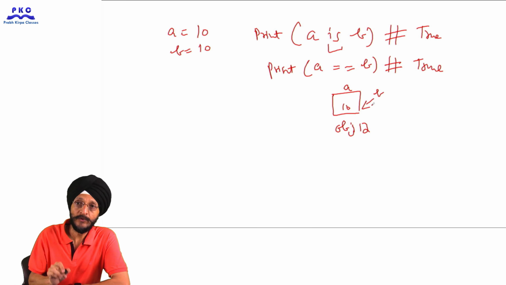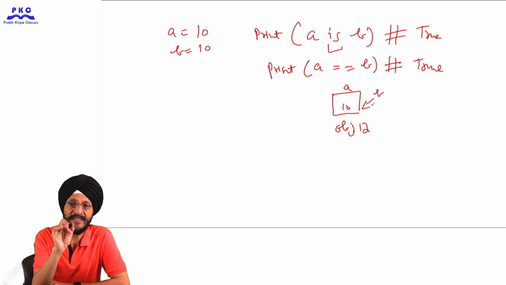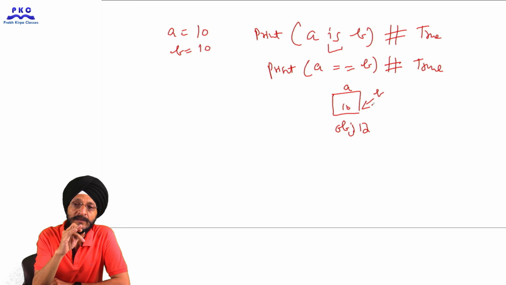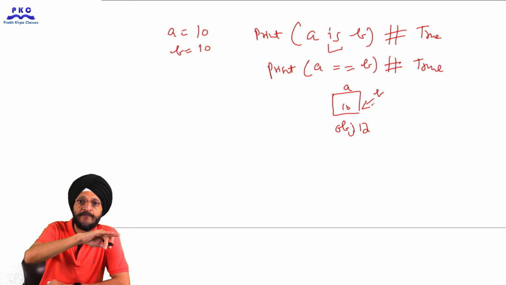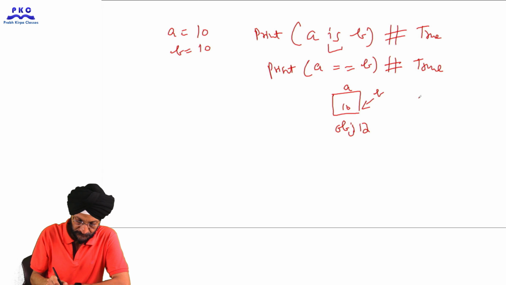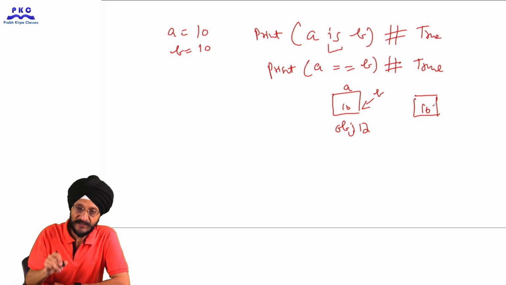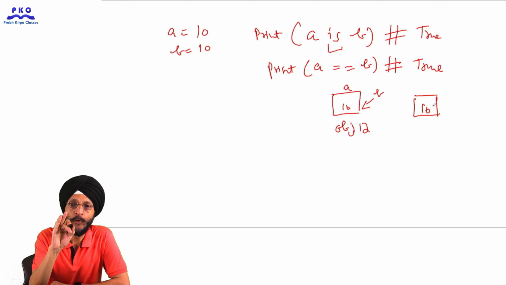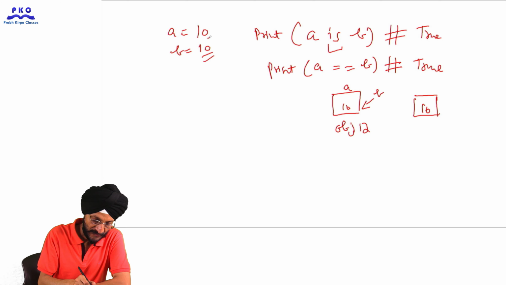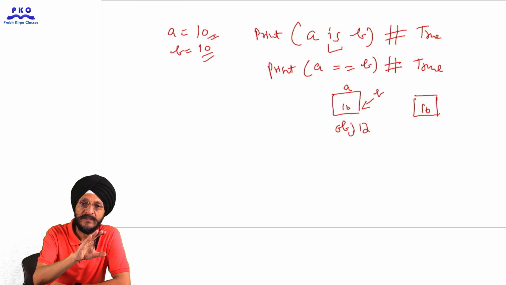It is checking the memory location of the object contained in the variable. But on the other side, the equality operator is concerned with the value, that is 10, which is stored in the variable.